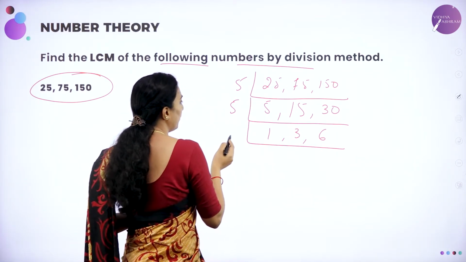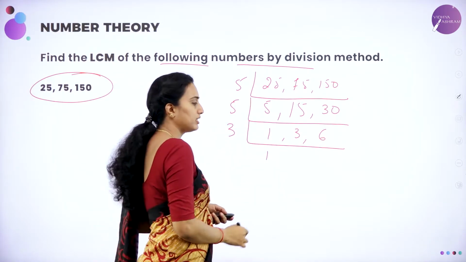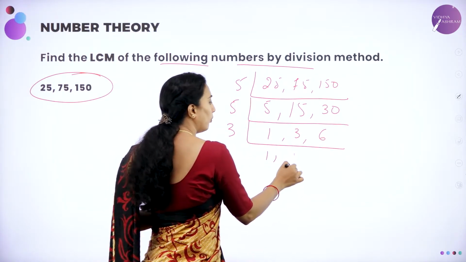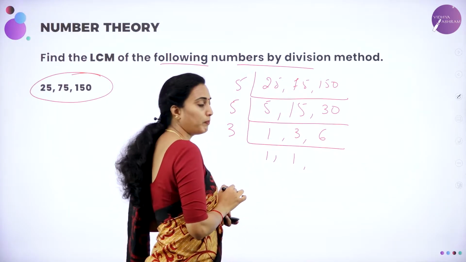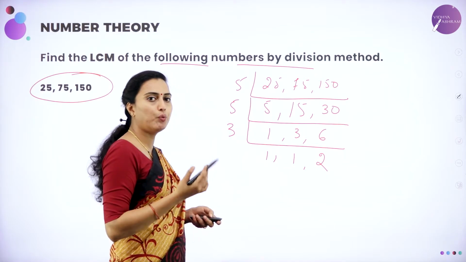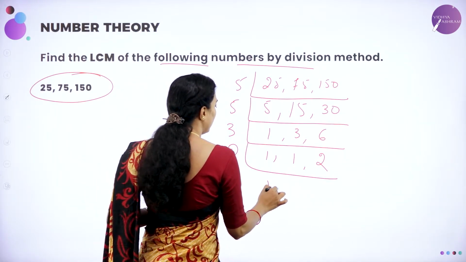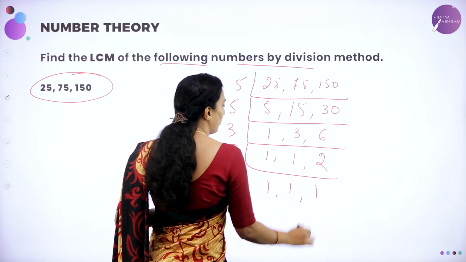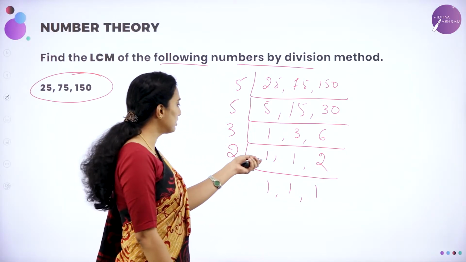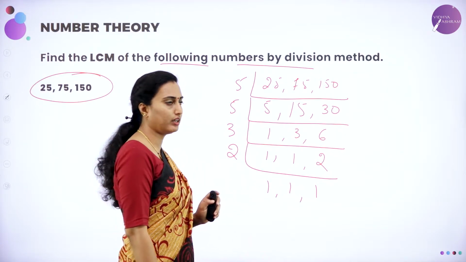So again divisible by 3. 1 cannot be divisible by 3, you are going to write it as it is. 3 is divisible by 3, 6 is divisible by 2. So 2 and 1 are prime. So therefore you can write 2, 1, 1. 2 1s are 2. If it is not divided, the undivided number you are going to write as it is.